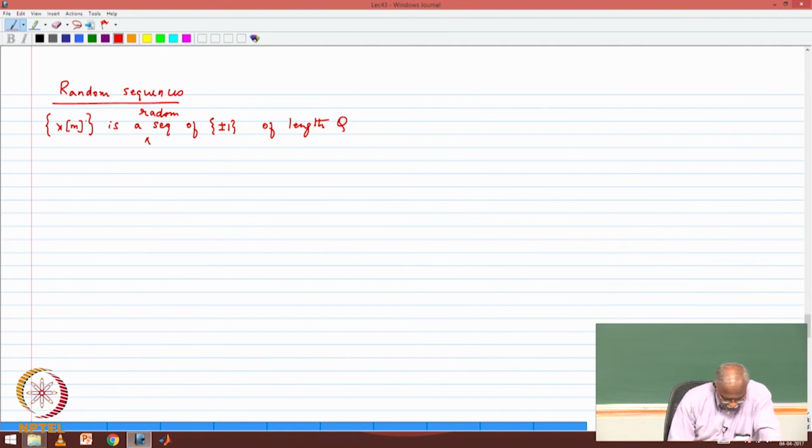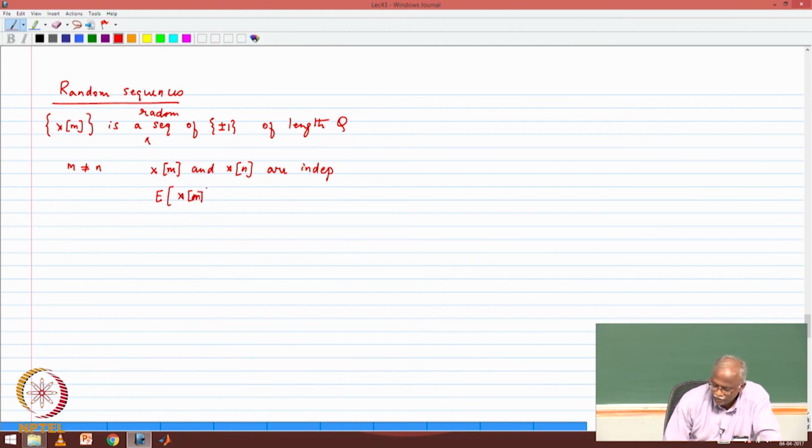Now these sequences have the following properties. If I look at two different indices m and n, which are not the same, then x of m and x of n are independent, and that is the basic property of a random sequence. And because these are bipolar, plus minus ones, the expected value is 0.